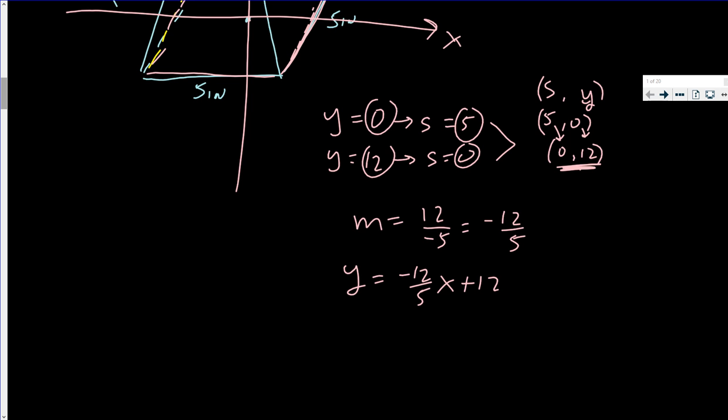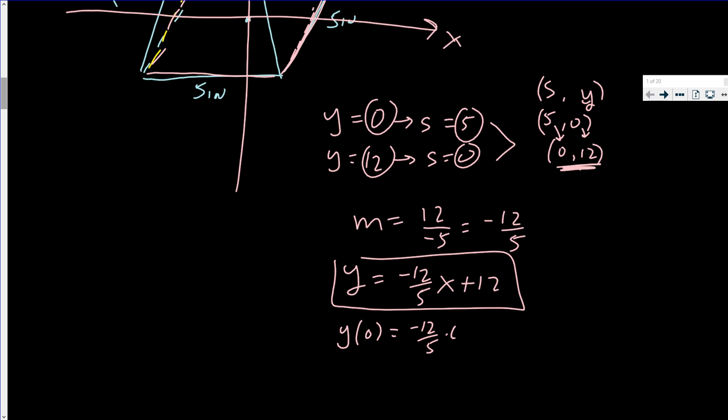Now, we should check to see if we're right. Sometimes we make mistakes. What's y of 0? Well, negative 12/5 times 0 is 0. And if you add 12, you get 12. So when x is 0, y should be 12, which is that point right there.